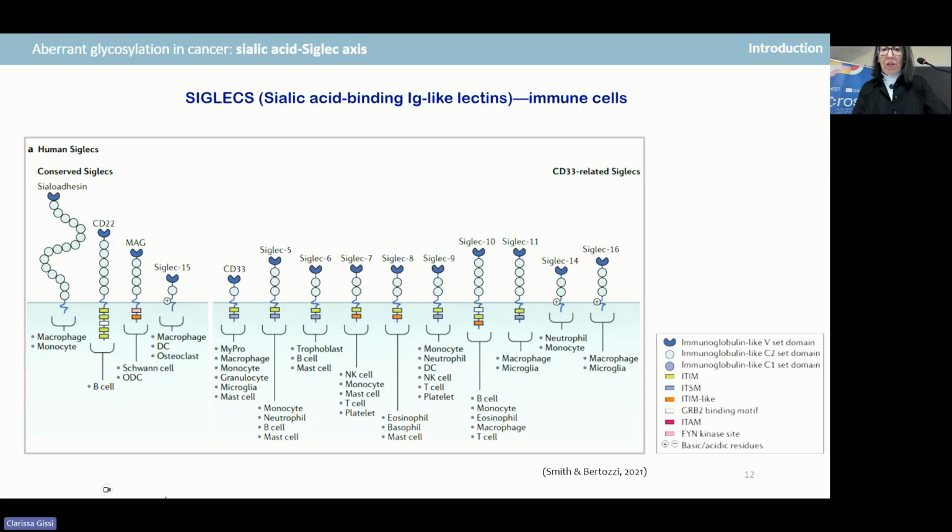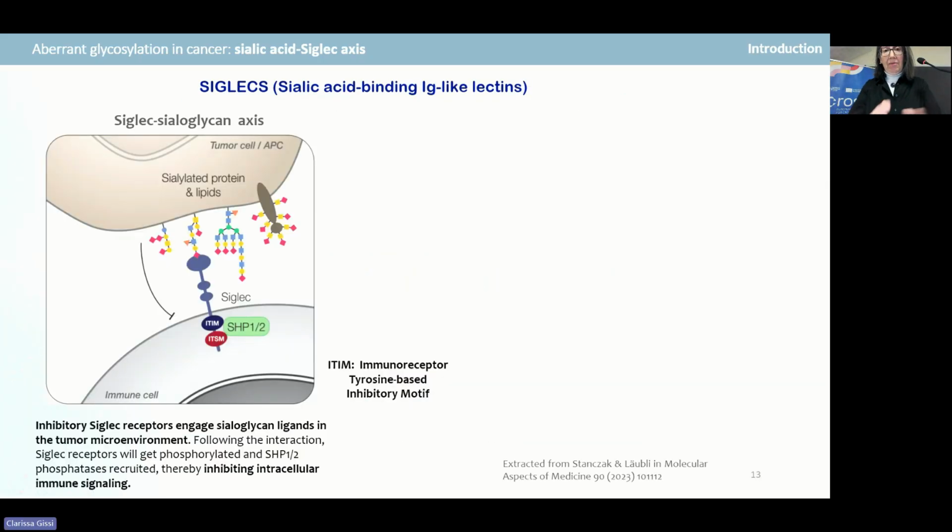This type of inhibition is through most of these Siglecs. When these Siglecs in the immune cell interact with some sialylated structures, for instance, on a tumor cell, these interactions engage the phosphorylation of some domains, in particular the ITIM domain, that is an immunoreceptor tyrosine-based inhibitory motif.